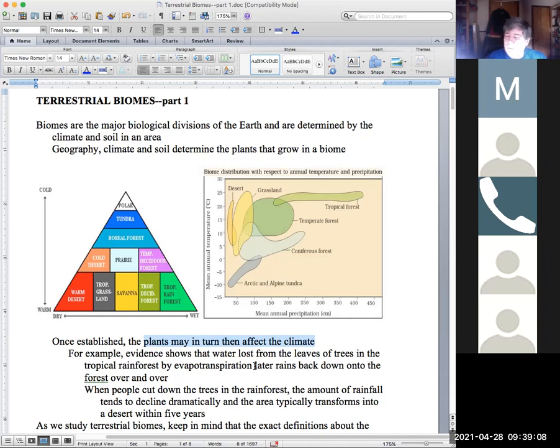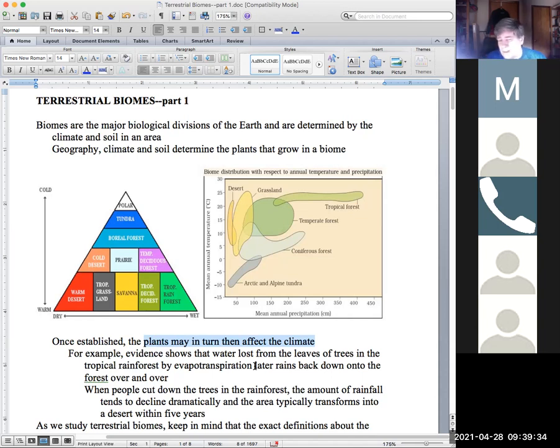A lot of that rain comes from the water that the plants just lost. Basically, the water evaporates from the leaves of the plants, forms clouds right above the rainforest, rains right above the rainforest, gets absorbed by the plant roots, gets lost by the leaves. And so the same water essentially gets recycled over and over and over again.